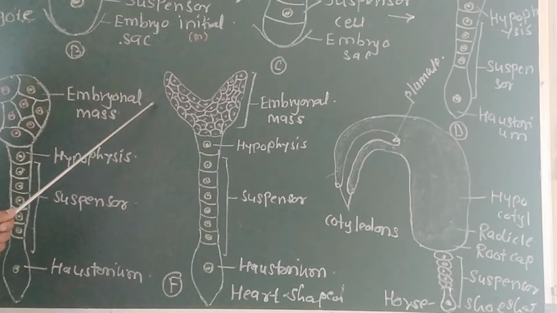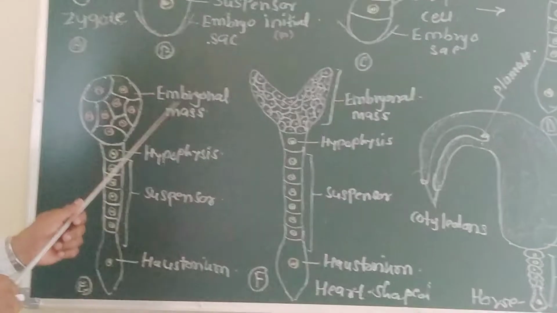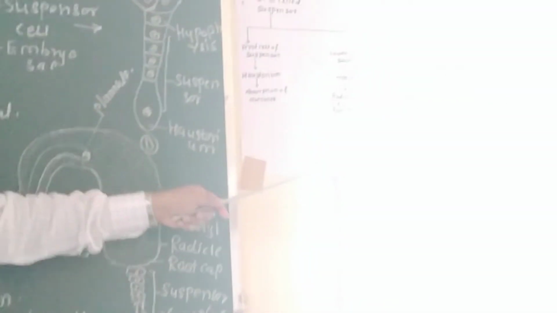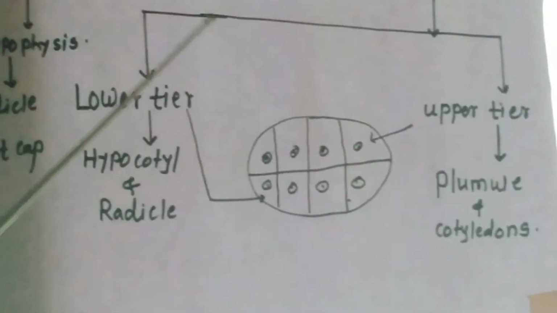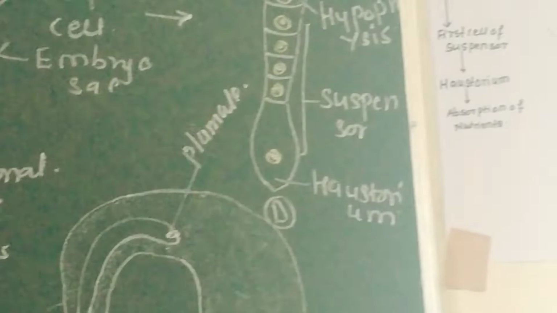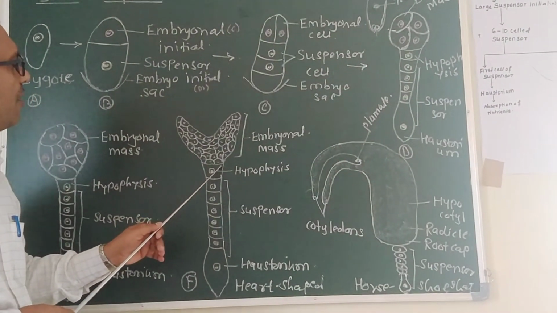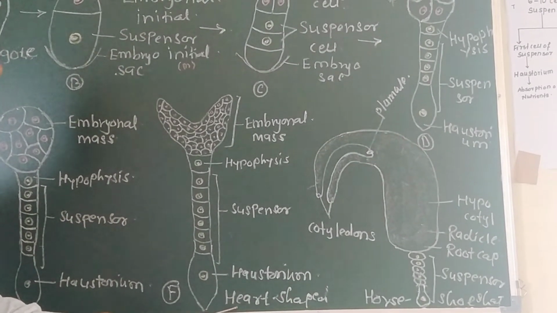Now from this octant, a number of cell divisions take place from the upper tier, and there is the formation of the heart-shaped embryonal mass. It is known as the heart-shaped embryo.